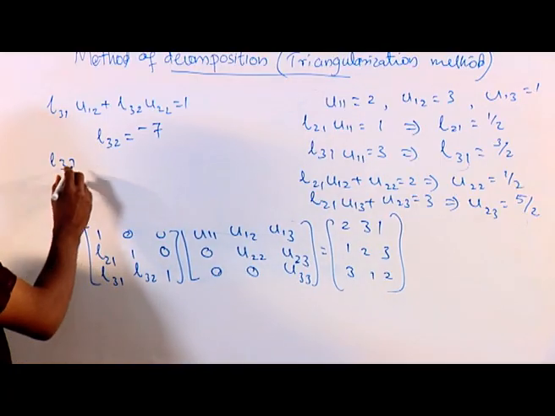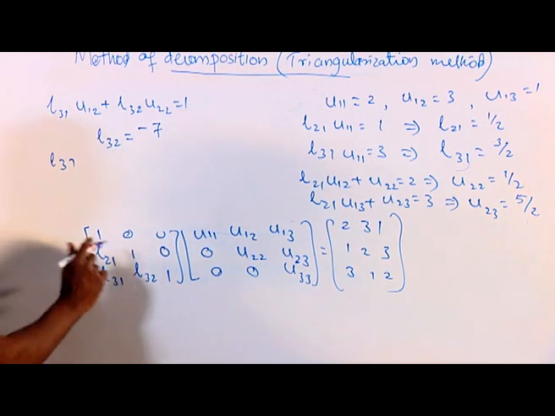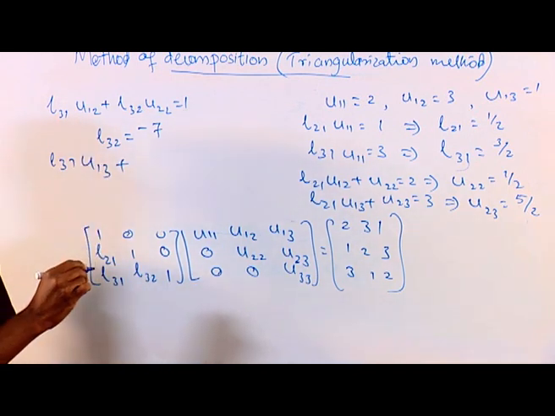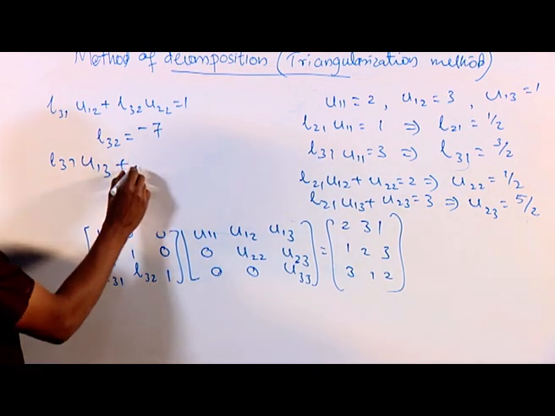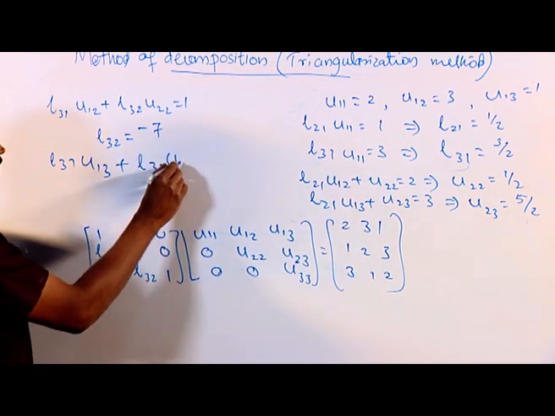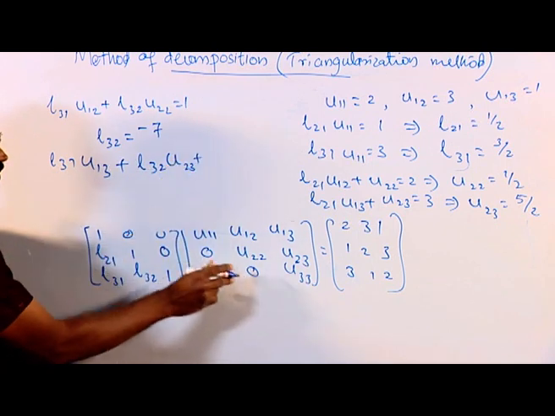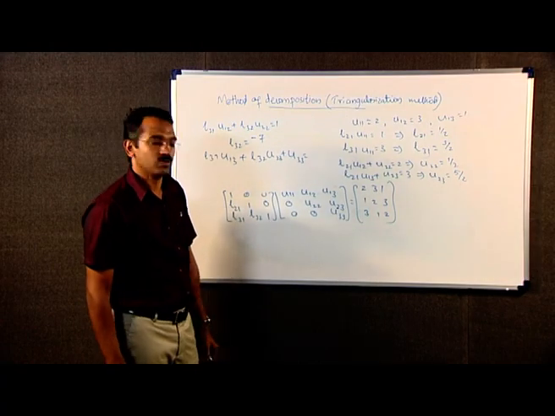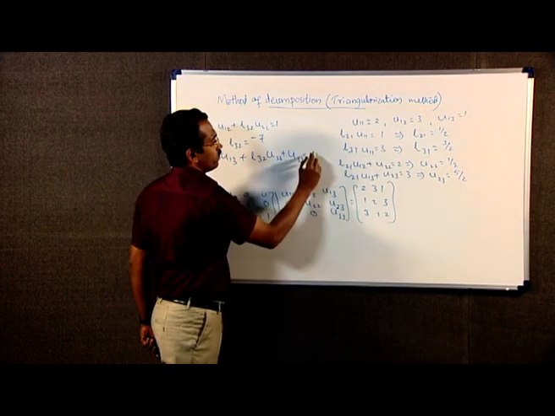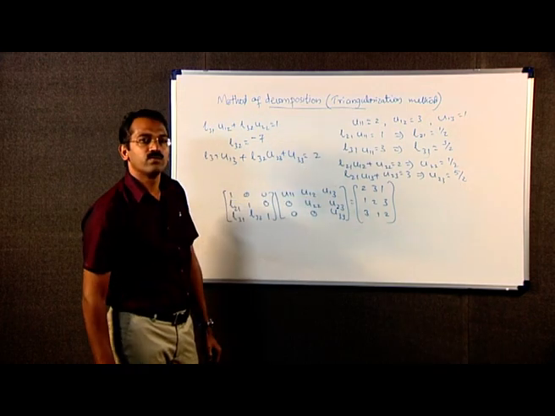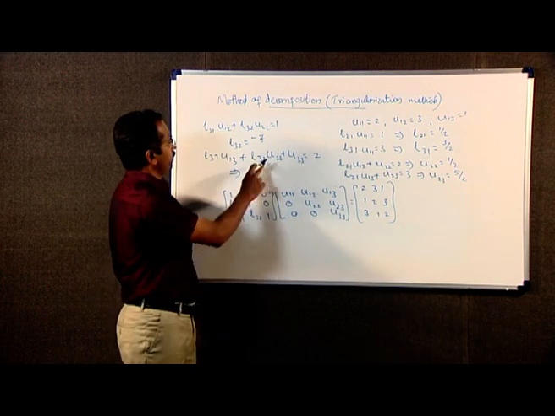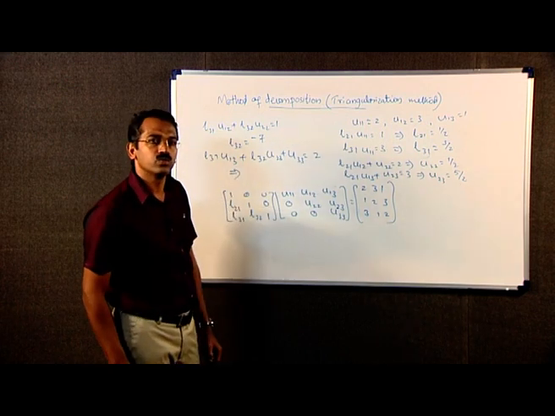We have L31 U13 plus L32 U23 plus U33 is equal to 2, which gives U33 is equal to 18.